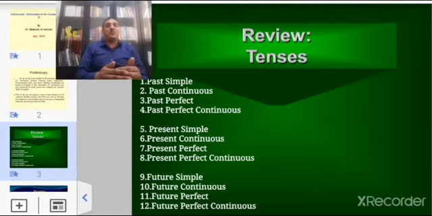Whereas when we use before, before I went out, my friend had come. Before he taught us medical vocabularies, he taught us what? Grammar. Okay, and so on and so forth.